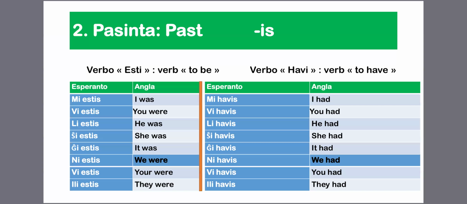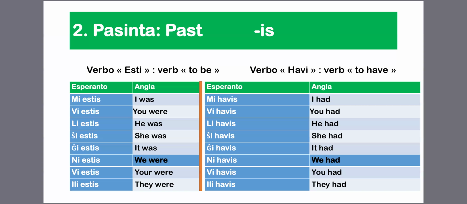Li havis, ŝi havis, ĝi havis. So as you see, it's very easy even to read and also to pronounce. So when I say ili havis, they had. Ili havis monon, they had money.